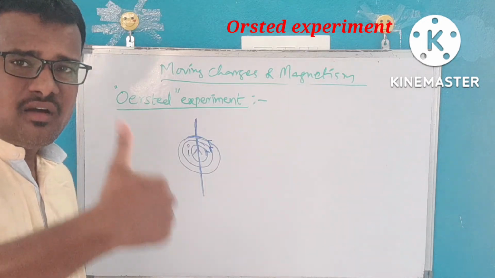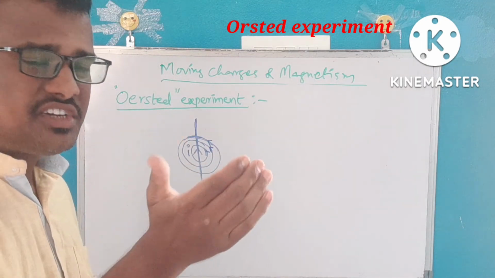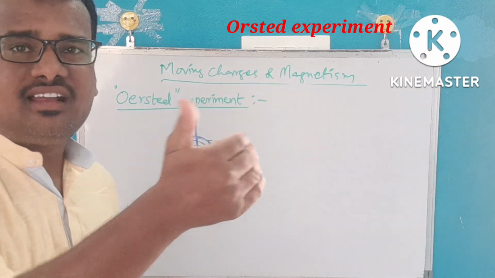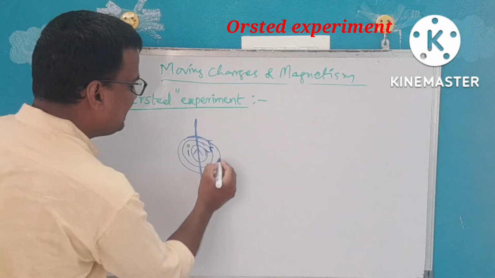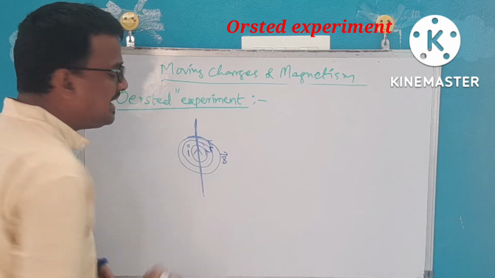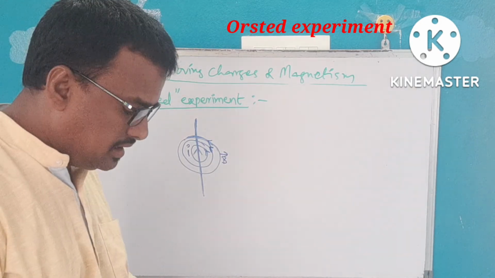The magnetic field is denoted by the letter B.